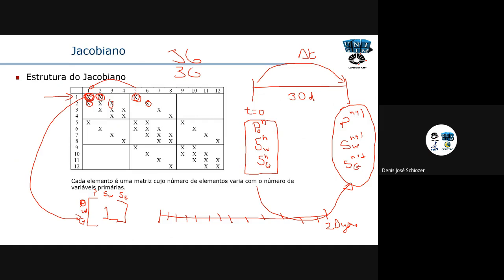I don't know if I answer your question, Ramin, but for example, if I cut the time step in 2 here, that means that I have to solve 36 equations to find this, and 36 equations again to find this. That's why we try to use the higher time step we can, because then we don't have to solve too many times.